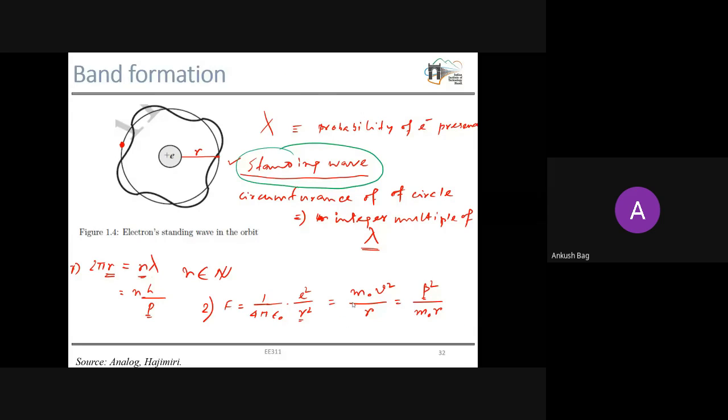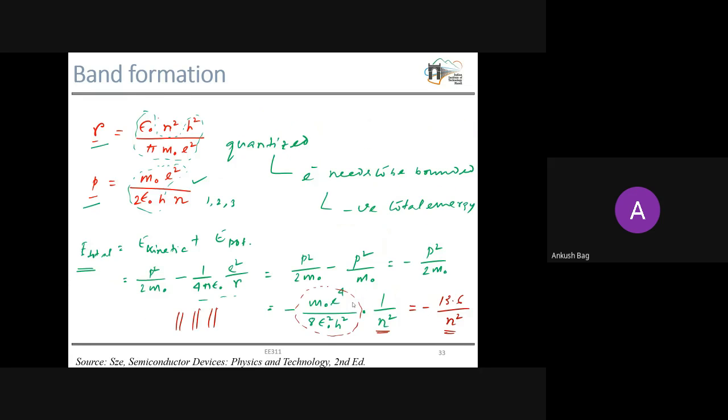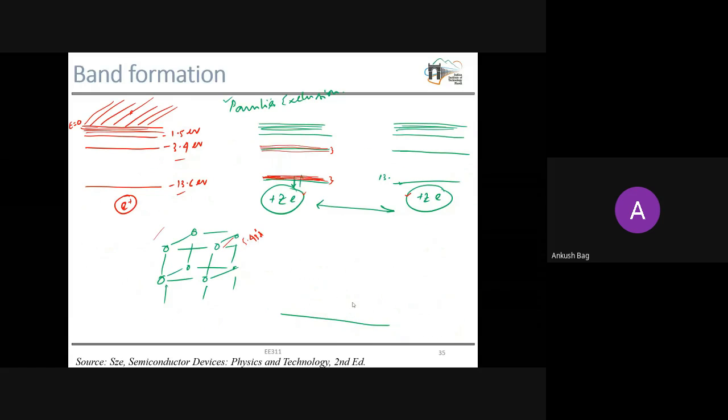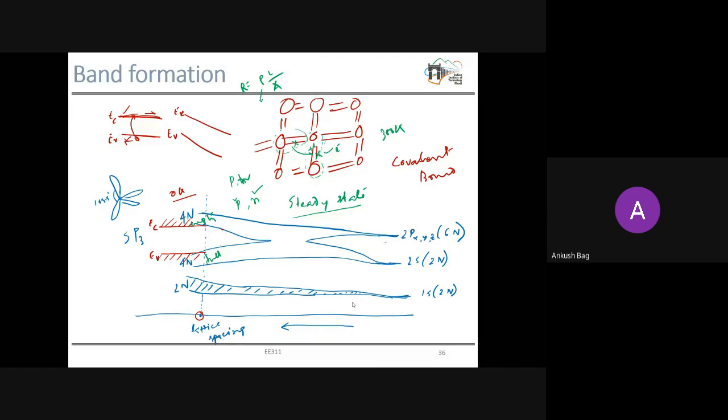In the last class, that means in yesterday's class, we basically tried to understand how the bands are forming from the discrete energy levels of individual atoms in a solid state material.